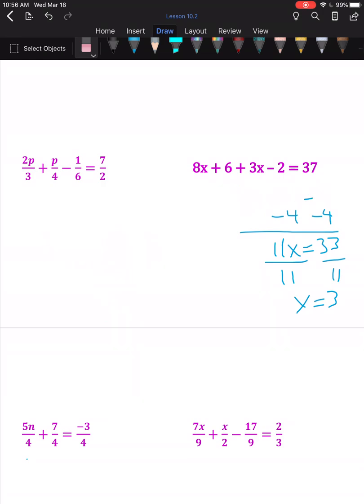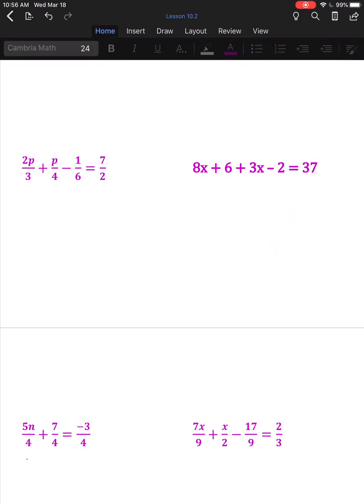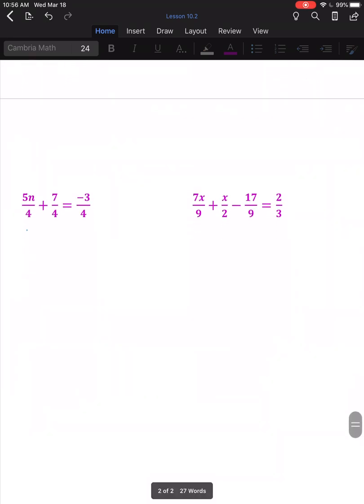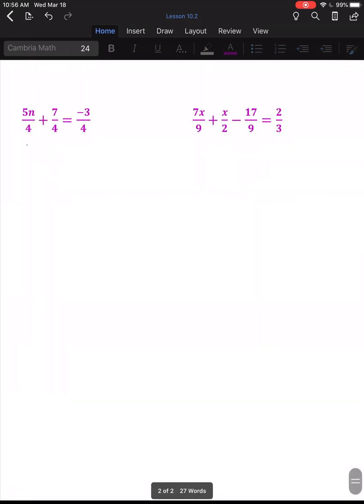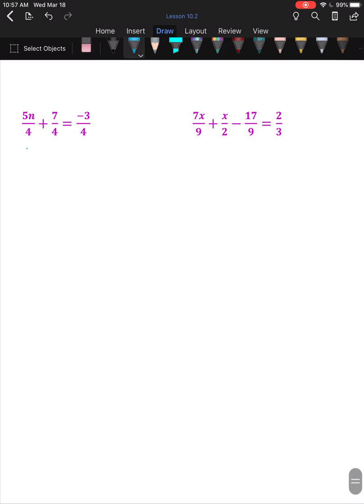Our last two examples, at least I'm pretty sure they're the last two, just have a bunch of fraction shenanigans to deal with. No biggie. What's the LCD? 4. They're all the same. You're going to like it when that happens, because essentially the denominators can just all go away.